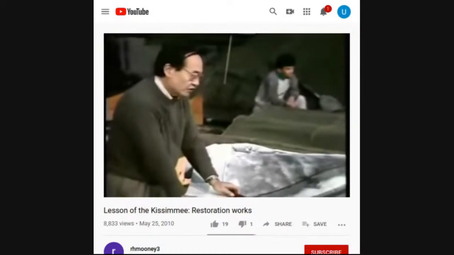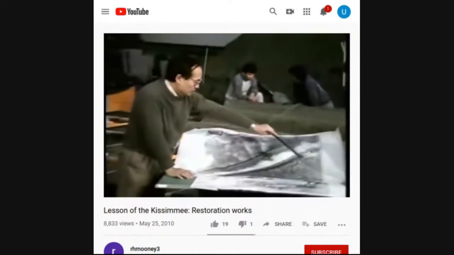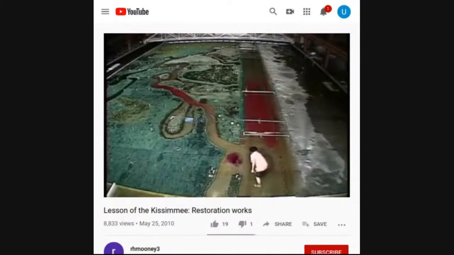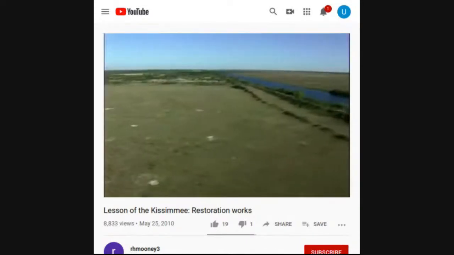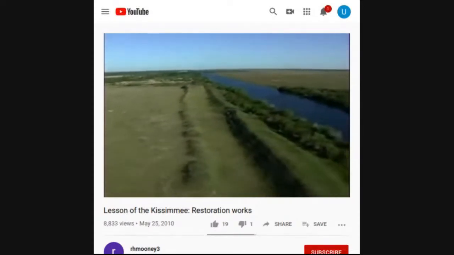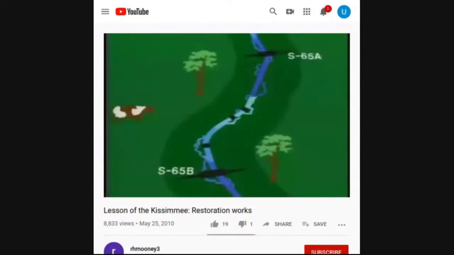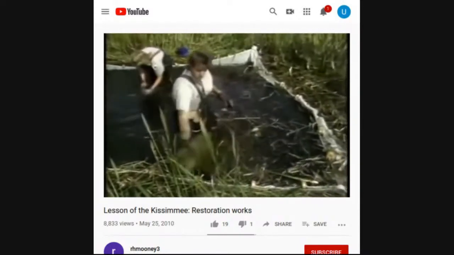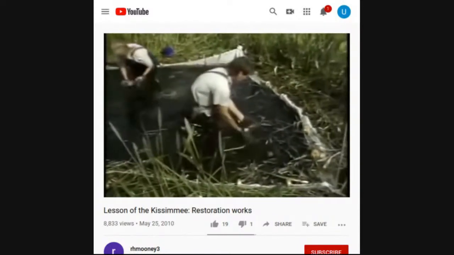Vital information in determining whether Kissimmee River and floodplain restoration was feasible came from a demonstration project conducted by the South Florida Water Management District in the mid to late 1980s. Several project components, including rediversion of the flow from the flood control canal back to the original river channel and reflooding of approximately 35% of the floodplain within the project area, were evaluated to determine whether hydrologic restoration of the river and floodplain would be feasible and beneficial.